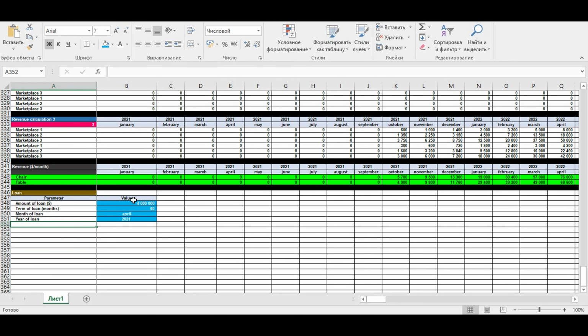Well, now we specify the grace period for the body of the loan payments. For example, we will have a grace period of half a year, 6 months.